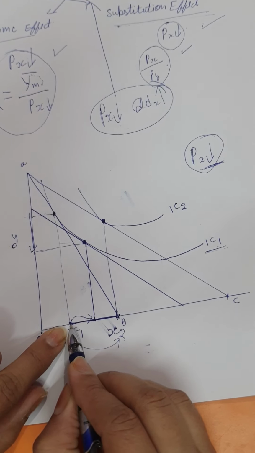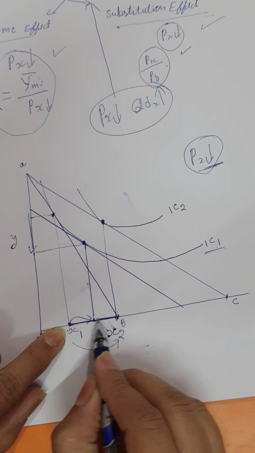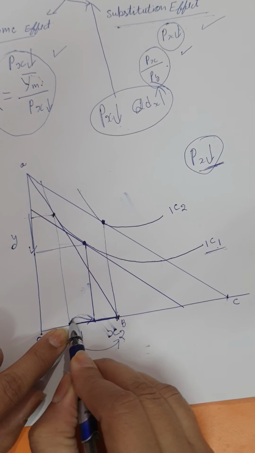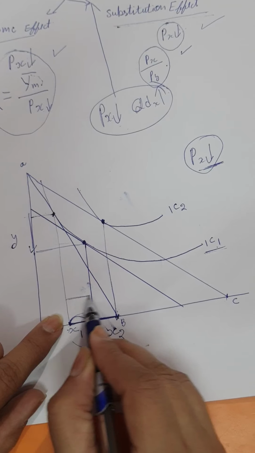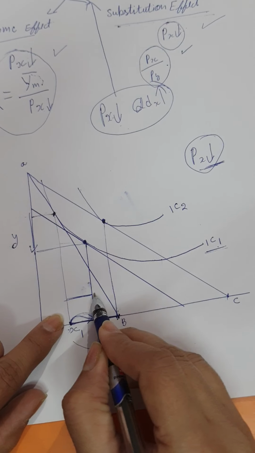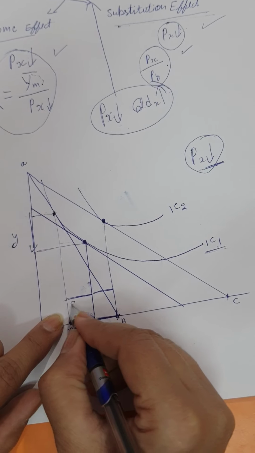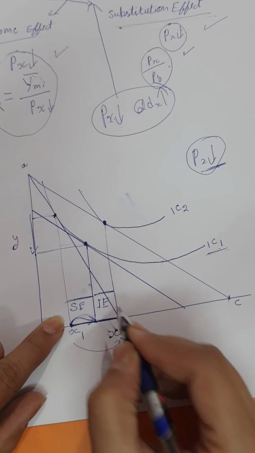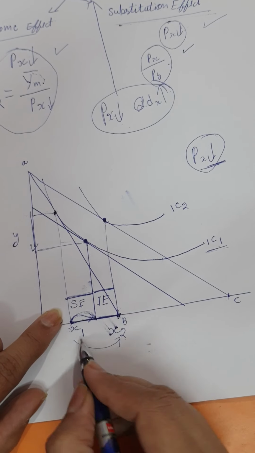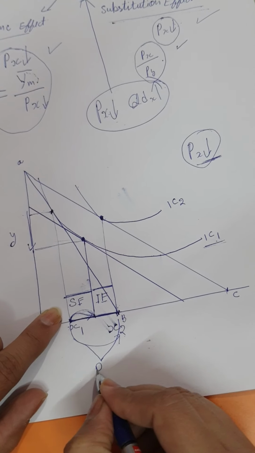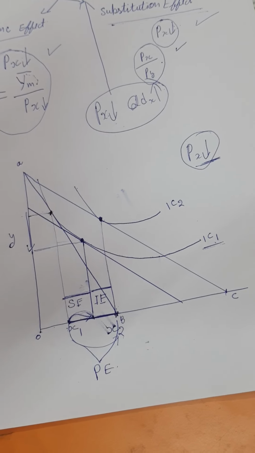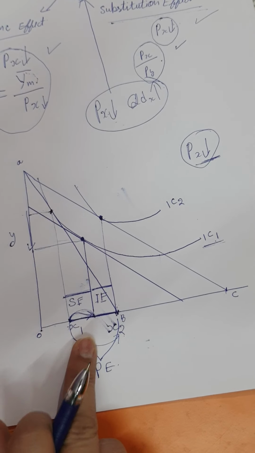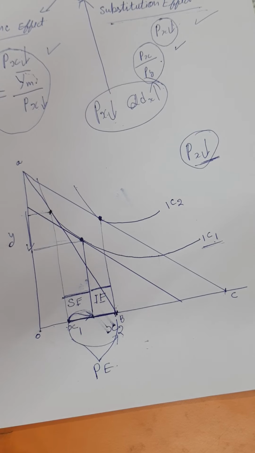So x1 to x2 was price effect, and we got to know now that this is substitution effect, and the remaining is income effect. Combinedly these two effects are price effect. In this way we can break price effect into substitution effect and income effect.